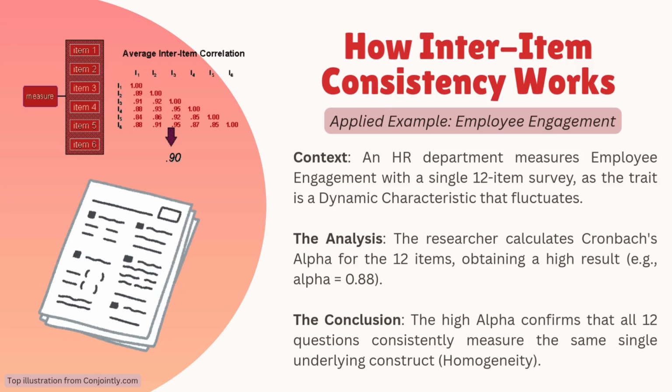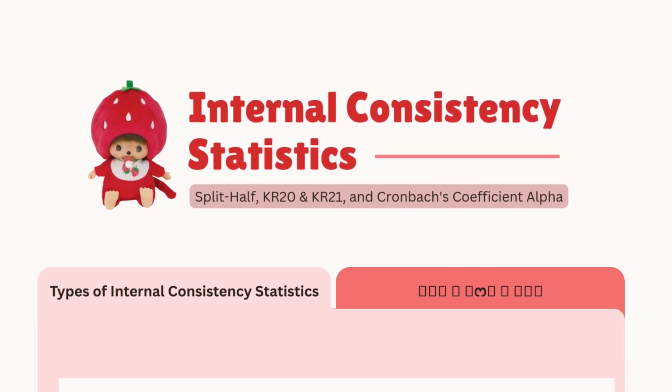So this means an employee who strongly agrees with item 1 is highly likely to strongly agree with the sentiments of item 2 and 3 and so on, assuming that they are not reverse scored. So if they had found a low alpha, it would signal that some items are actually measuring a different trait, thus requiring revision.